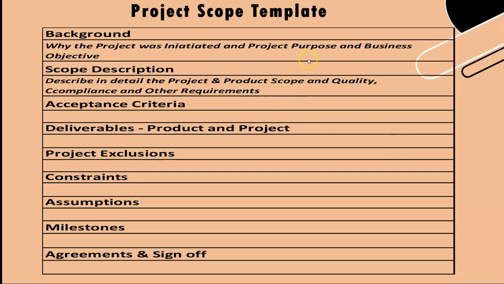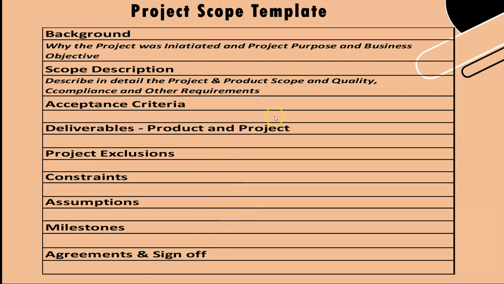So when we look at the scope statement, the background, you're going to get a lot from the charter. The description, acceptance criteria, we talked about that. The deliverables, project exclusions, project constraints, project assumptions, milestones, and agreements. Why did I put agreements?